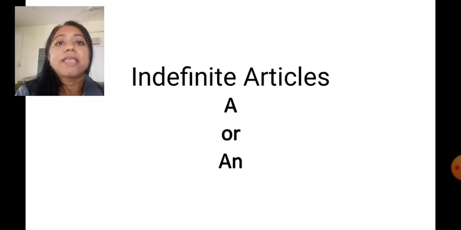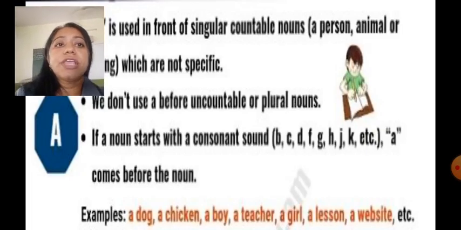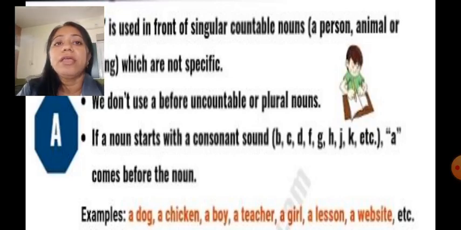Indefinite articles a or an. A is used in front of singular countable nouns, a person, animal, or thing which is not specific. We do not use it before uncountable or plural nouns.